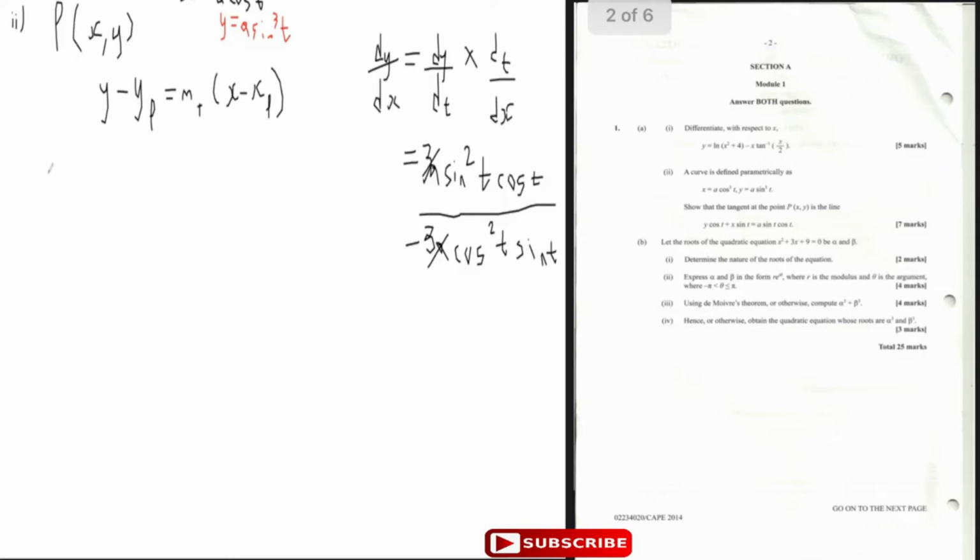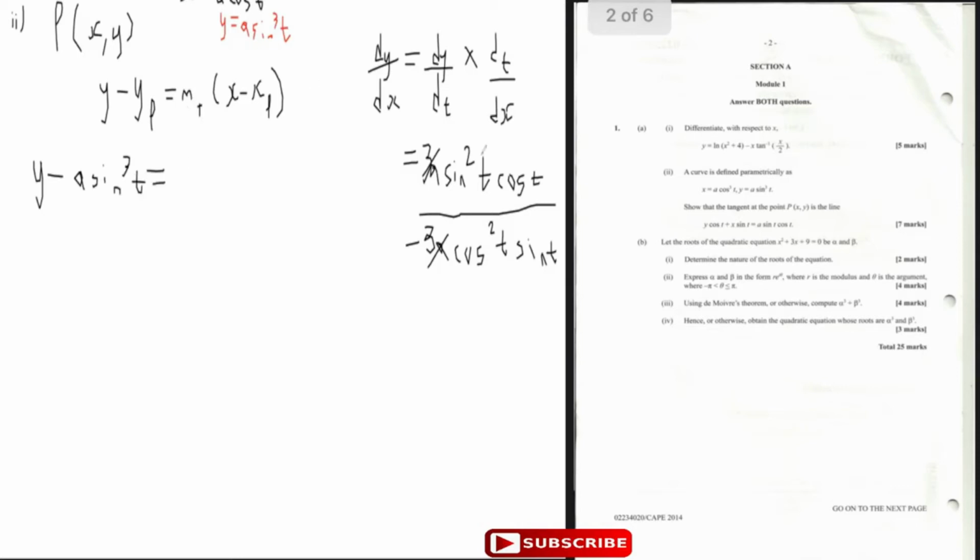So of course, the equation of the tangent is going to be y minus y_p. The y point is a sine cubed t, so y minus a sine cubed t is equal to the gradient of the tangent.